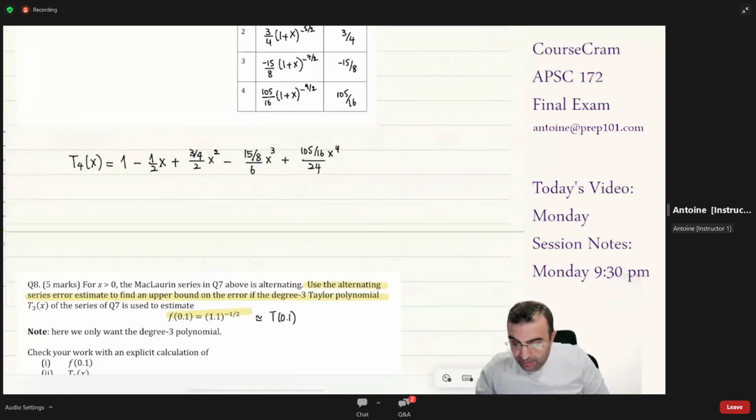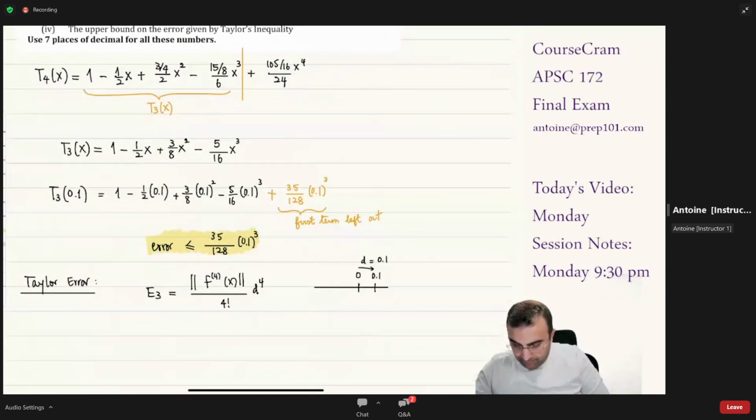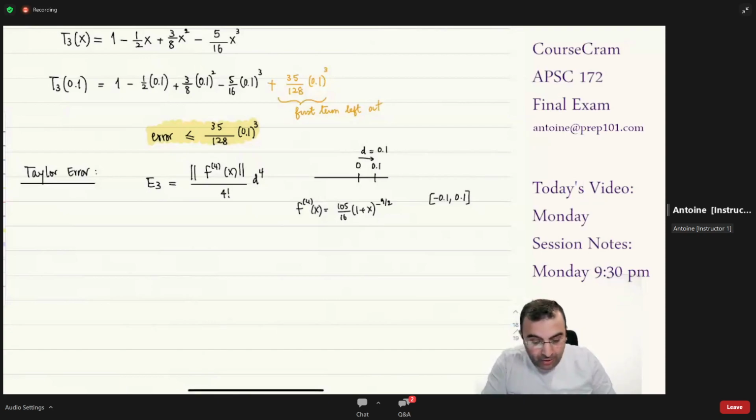The fourth derivative is given to us by this. This is f4 of x, f to the 4 of x. We're looking for it on the interval minus 0.1 to 0.1. We can close it if you want. So how do we get the maximum value of this? Because this is in the denominator, we want x to be as small as possible.